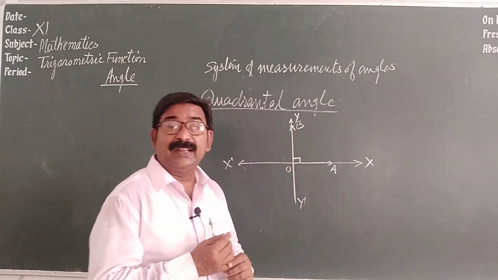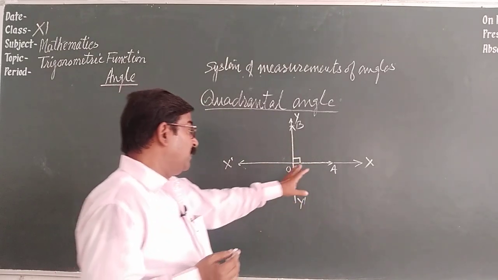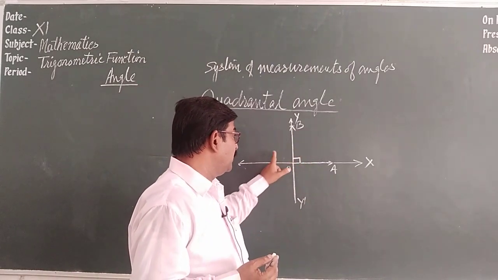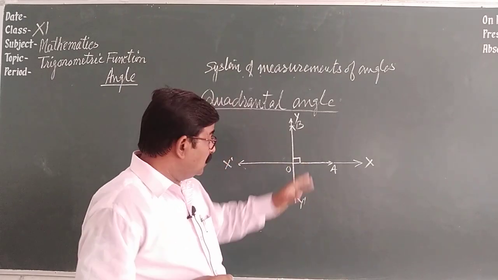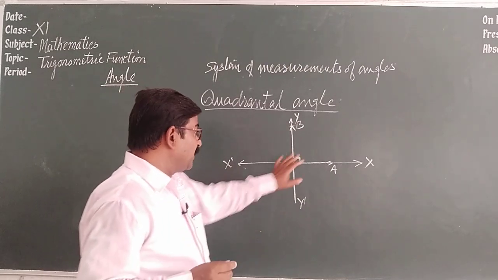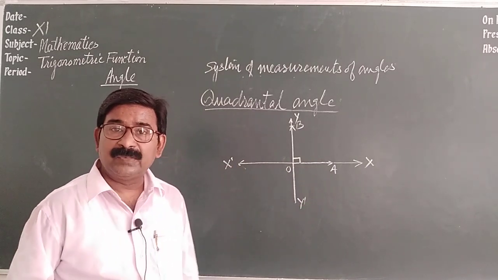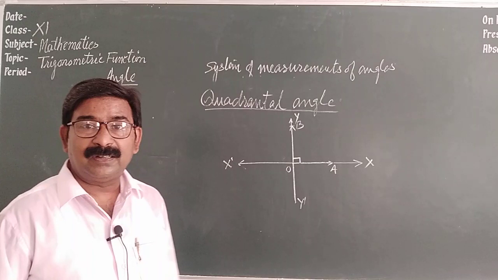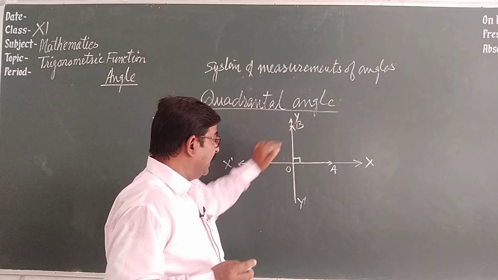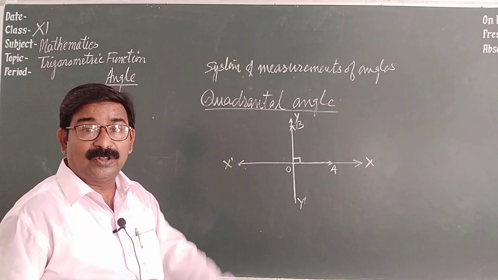It may be 90 degree, 180 degree, 270 degree, or complete angle 360 degree. Means this ray stops at the axis. But sometimes the terminated ray may not be on the axis.